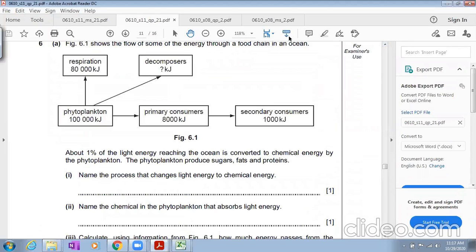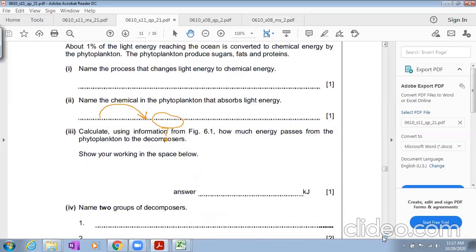The question is to calculate the percentage: how much percent is the 8,000 transferred from phytoplankton to the primary consumer? Percentage means out of 100, how much this is. Most of you are correct, but let me count it.